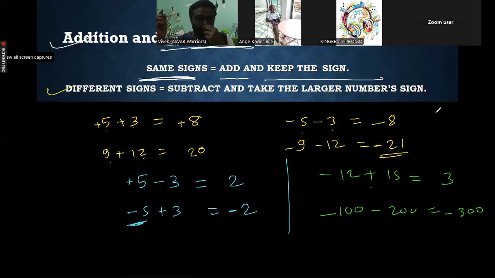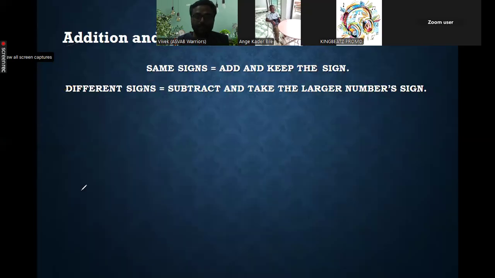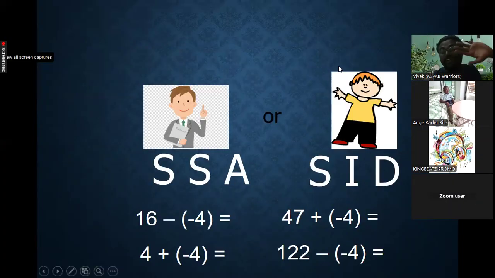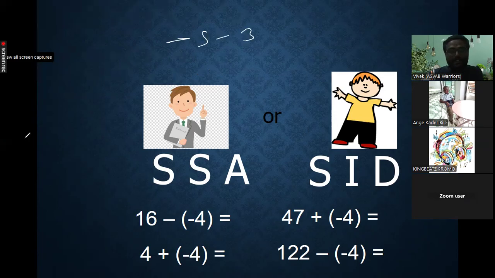Okay. Now, there is one more thing, if you guys have written it down, that I want you to remember. So, now we have understood about the outer signs. Outer signs means the signs were like this, -5, -3. So they were outside. Now, what if there are cases like this?